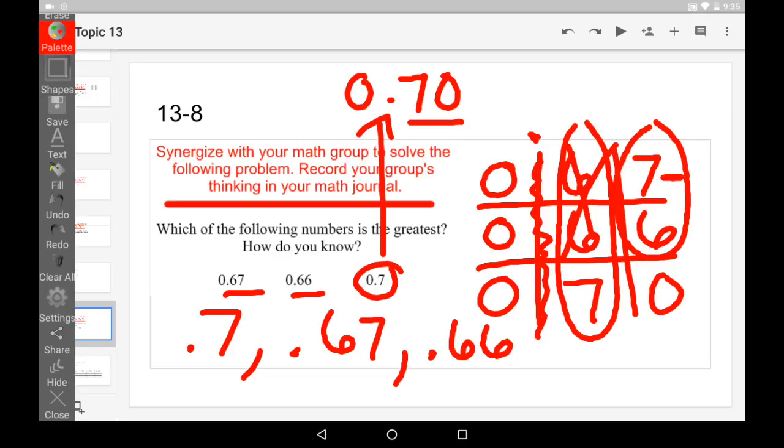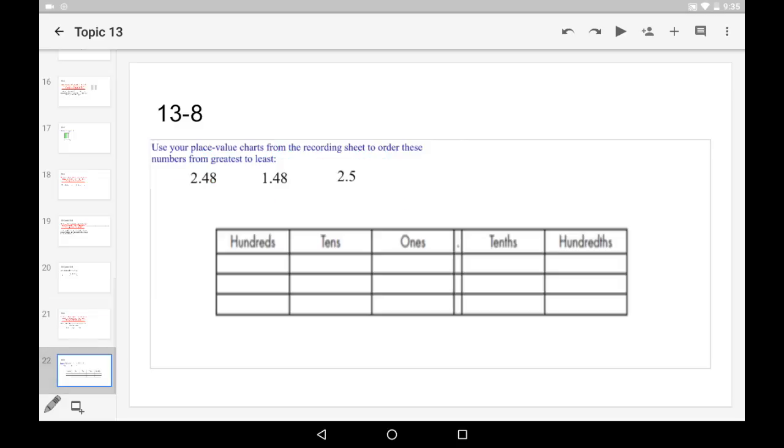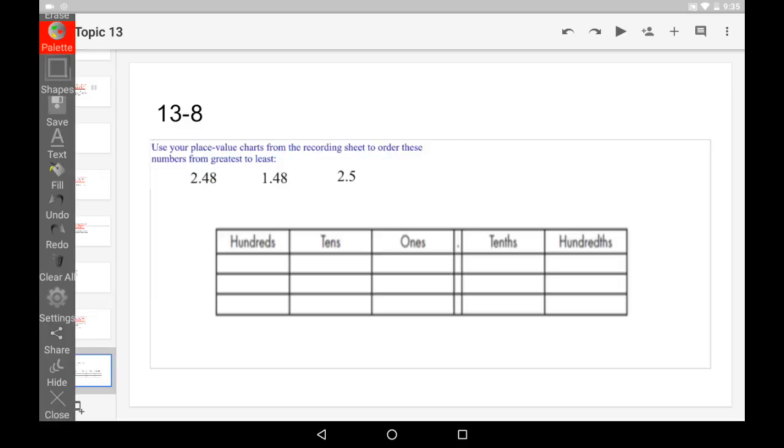All right, so now let's take a look at our next screen and comparing those three other decimals on this screen. So I'm going to do the same thing I just did on the other screen. I'm going to put my ones here. So I have my 2 and 48 here. Okay, I have my 1 and 48 there. And then I have my 2, 5, and technically a 0 here. Okay. All right. So we start here.